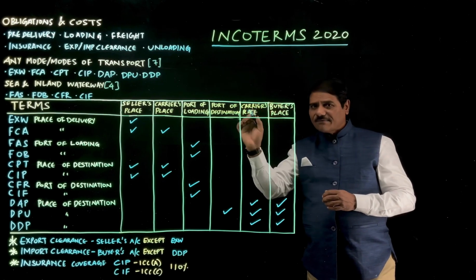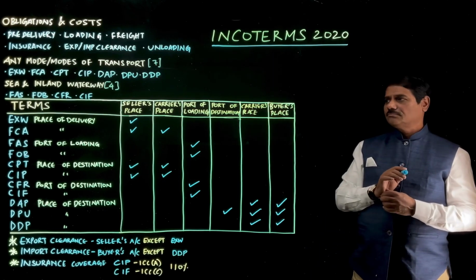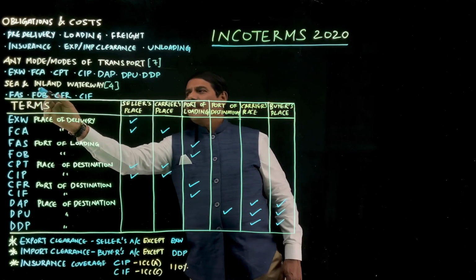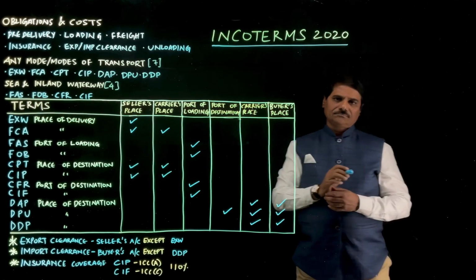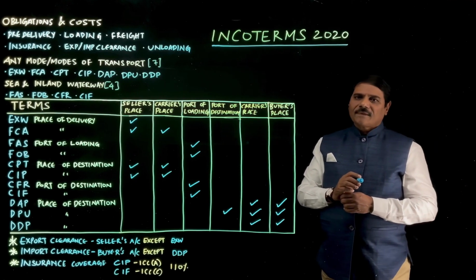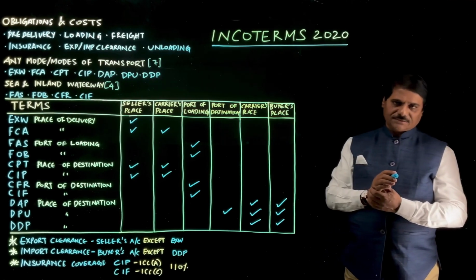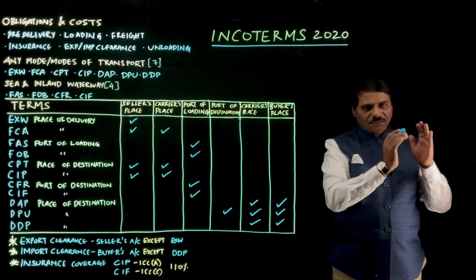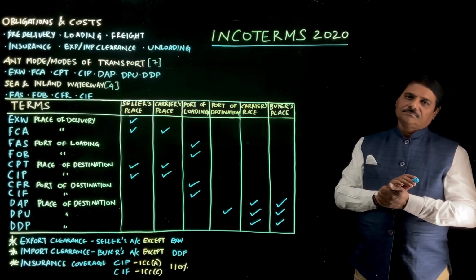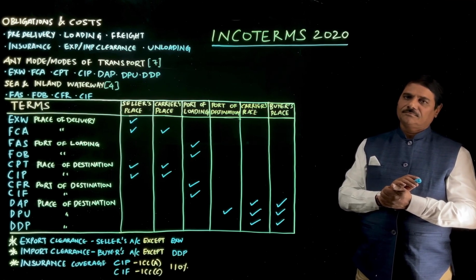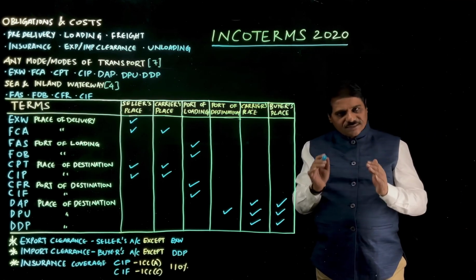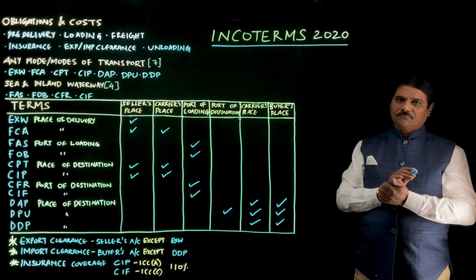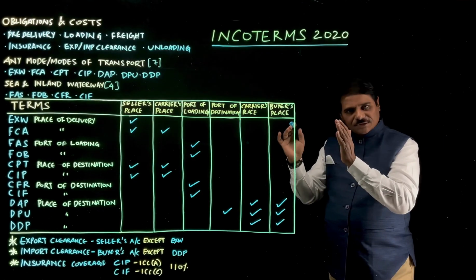There are 7 terms under that. And the other classification is sea and inland waterways. There are 4 terms under that. Total put together 11 international commercial terms. So the objective of this session is to clearly understand these international commercial terms.